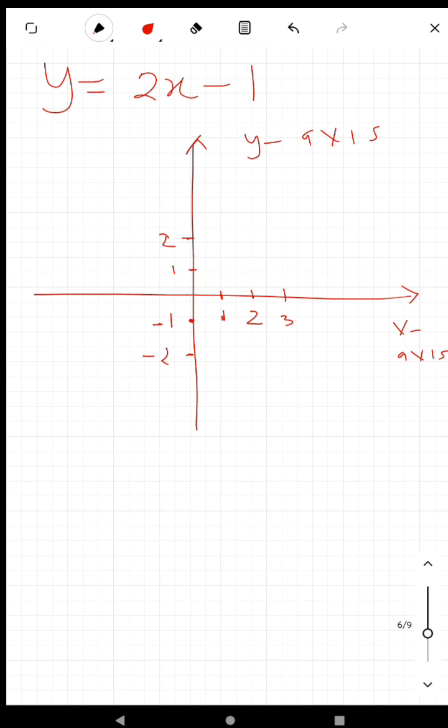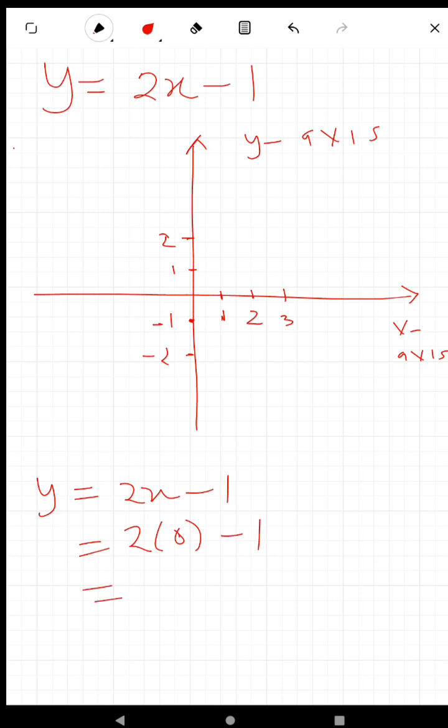So the first thing we will try to do when you want to plot is, what is the value of y when x is equal to 0? From this equation, y is equal to 2x minus 1. So when x is 0, you have 0 minus 1, which is minus 1.